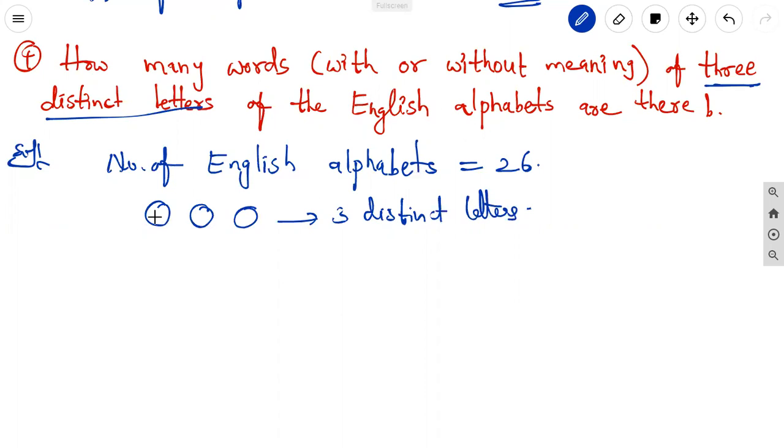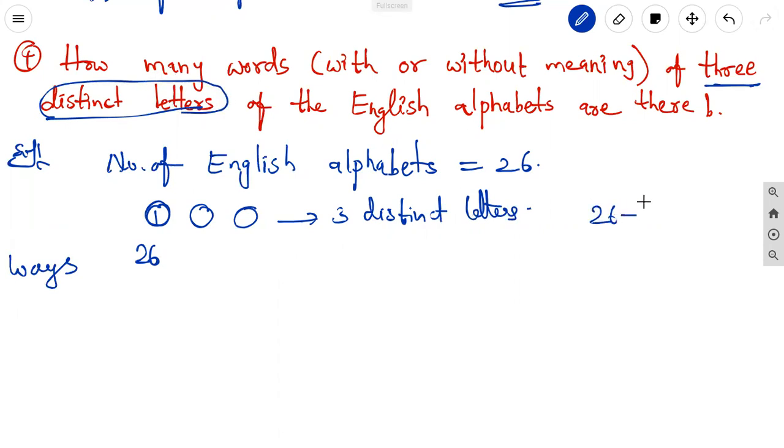For the first letter, from the 26 we can select in 26 ways, because A, B, C, D up to the 26 letters, we can choose only one letter. For the second letter, already one is used, and the condition is distinct letters.